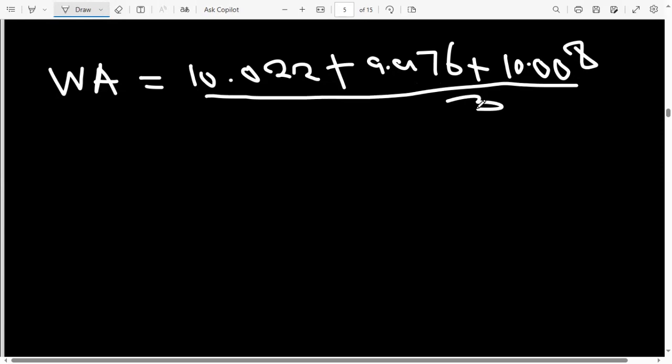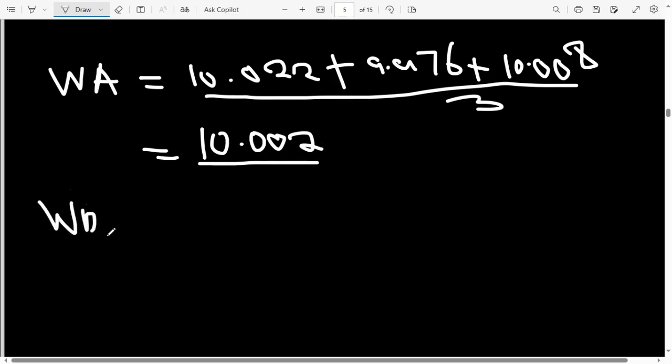Punch this on your calculator to counter-check with what I'll be finding. Dividing by 3, I'm getting 10.002. So this is my average for worker A.